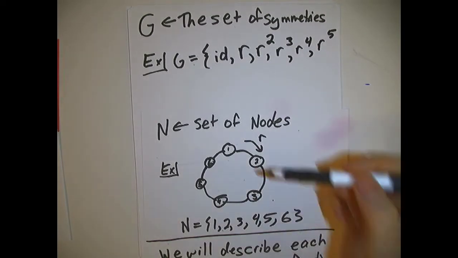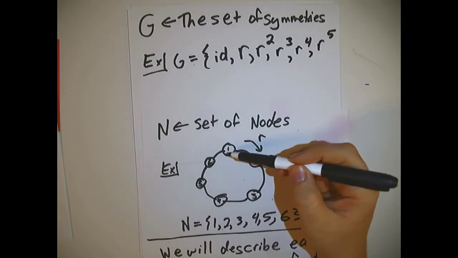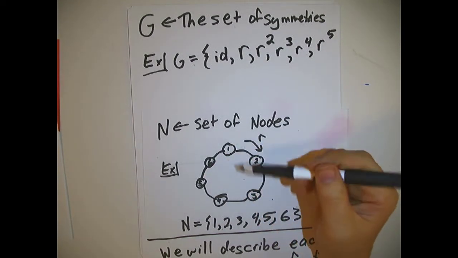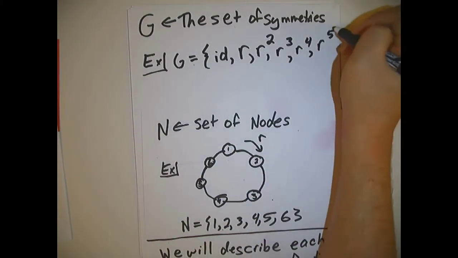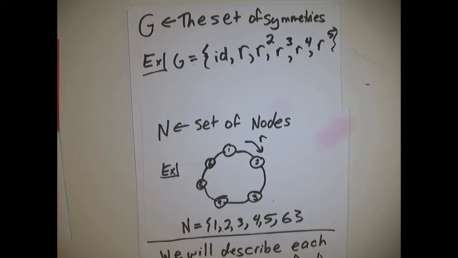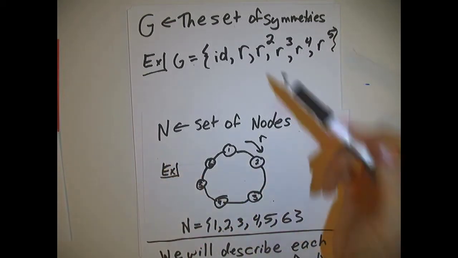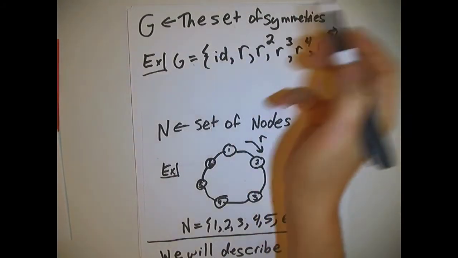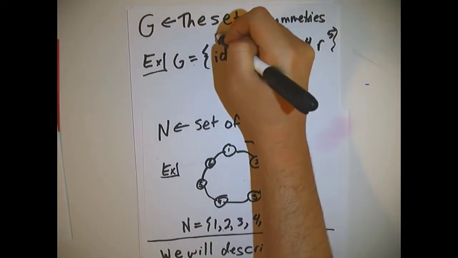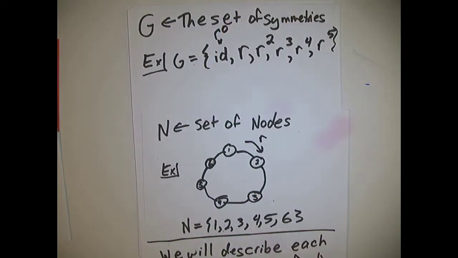If you were to actually look at the rotation 5 times, you might be more inclined to describe that as a counterclockwise rotation by 1, but we'll go ahead and write it this way anyway. Whenever we've talked before about symmetries of a circular arrangement like this, we've always really been talking about doing a rotation once or twice or 3 times. Really, this id is just r to the 0th. That's saying you don't rotate any times.